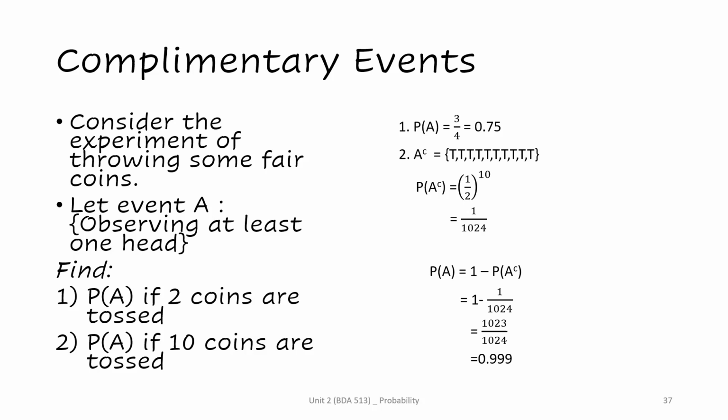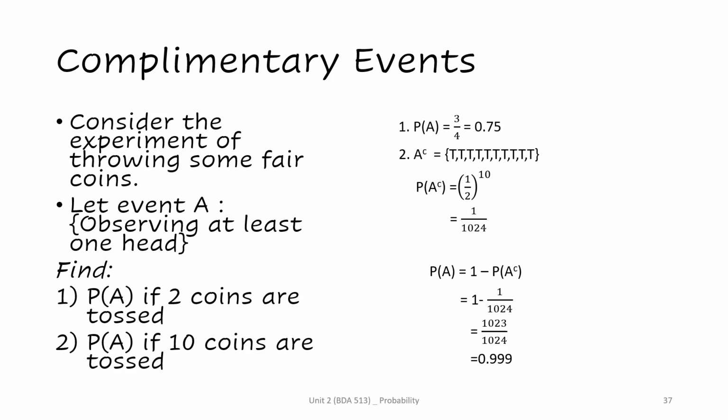They're going to have head, tail, head, tail, and so on. So in order to cut all that, let's work out our A prime and deduct from 1, and then we get our A. We are tossing the 10 coins and looking for at least one head.